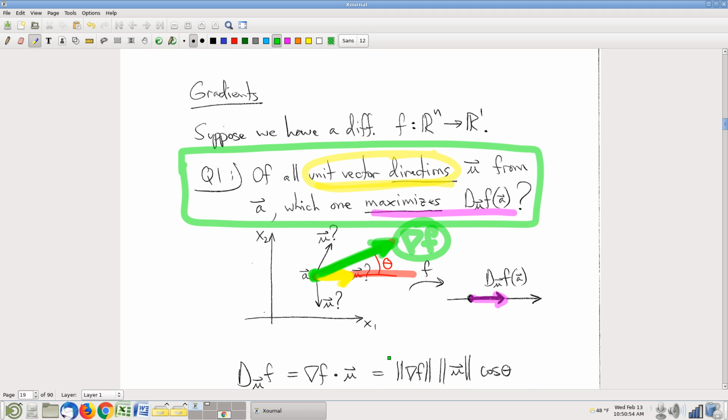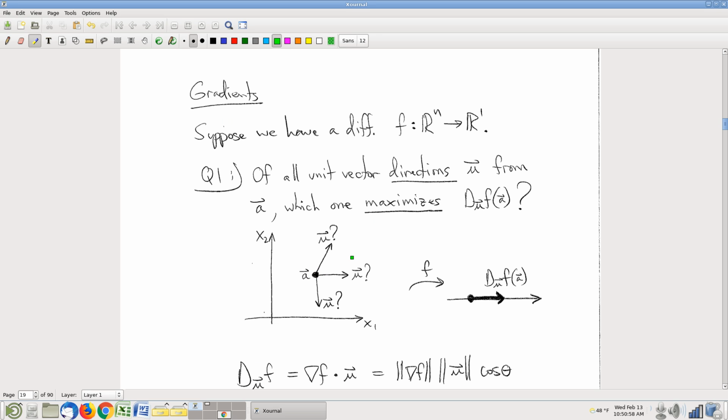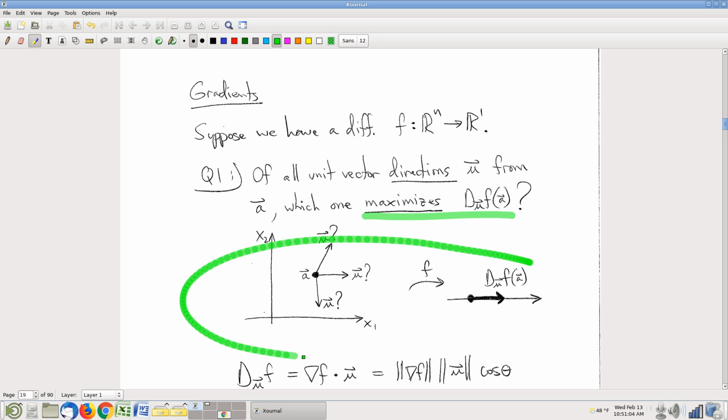A very, very different interpretation from what I made before. Same question here, maximizing the directional derivative. Let's suppose that instead of looking at the function this way, I was looking at a graph. So maybe instead of asking which way do I go to make my temperature increase as fast as possible, I'm on a hillside, and I would like to know which direction I should go to ascend as fast as possible.